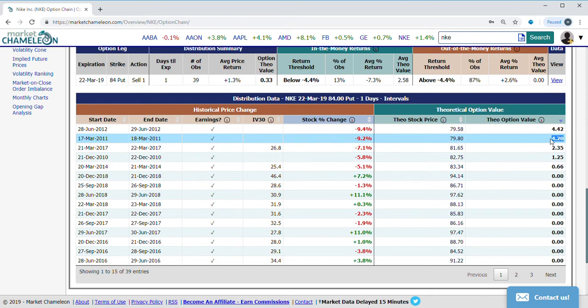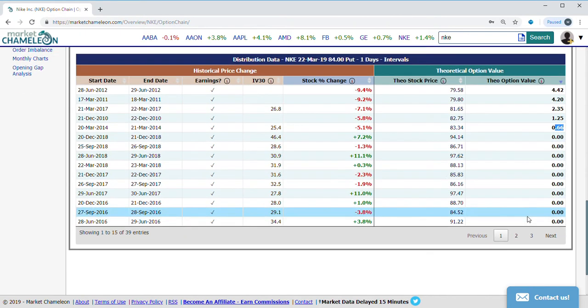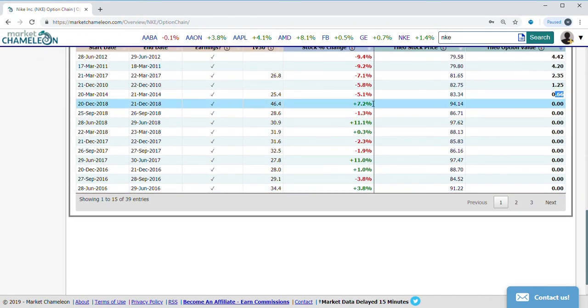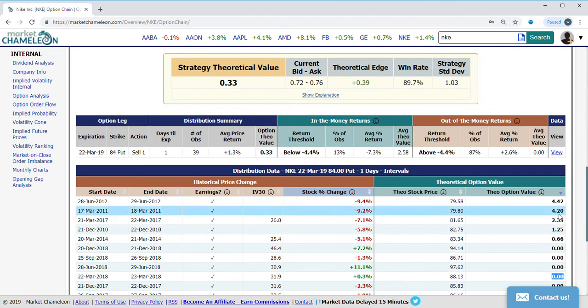And here you have the highest prices that it ended up, and you could see a lot of times the stock either didn't go down far enough or it finished up, so these options ended up being worthless for a one-day move. So given this market, 72 cents, 76 cents, what do we think theoretically it's worth?